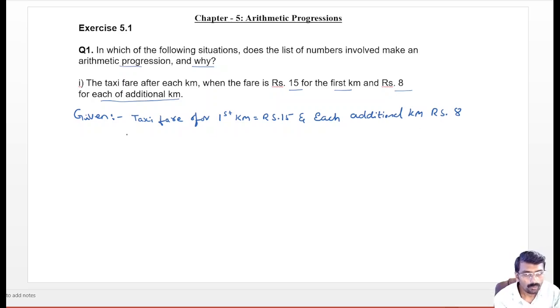So this is the given information. Now what do we need to prove here? We need to prove whether this given statement will form an AP, arithmetic progression, and why.